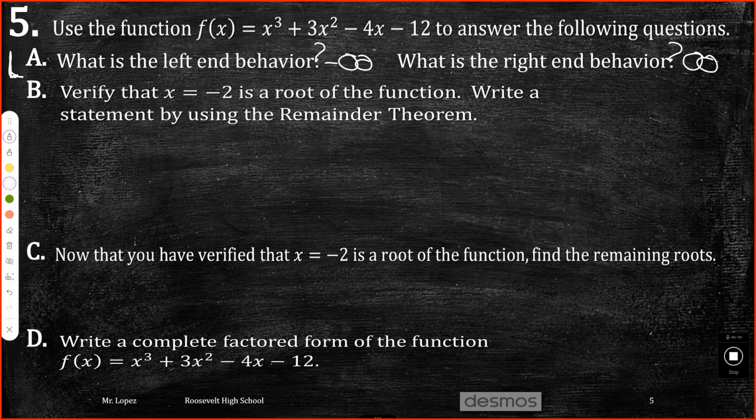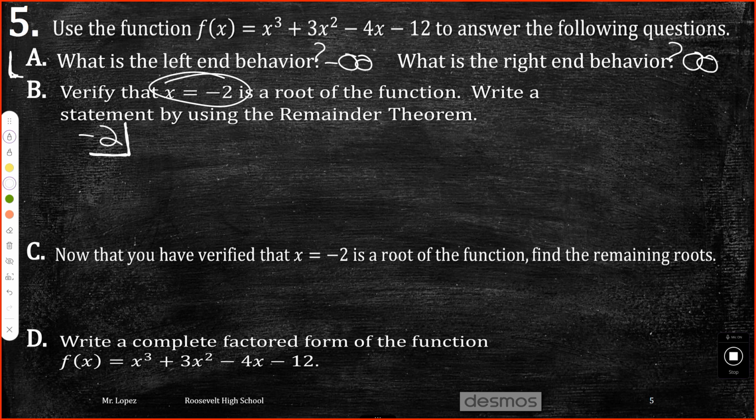All right, let's go ahead and do it. We're going to do synthetic division. What goes in the box? Negative 2. X equal negative 2, so negative 2 goes in the box.